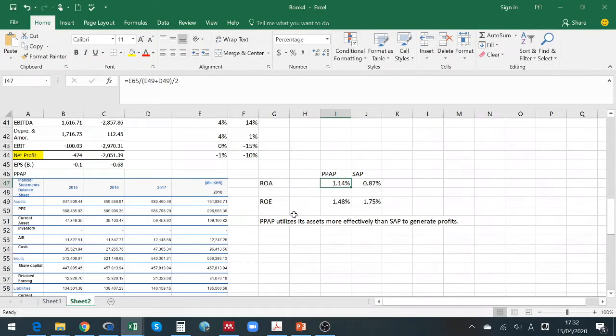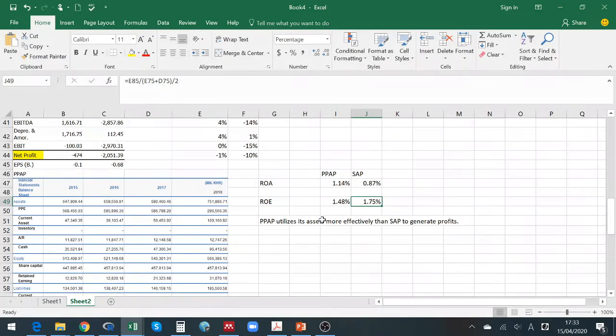Whereas if you look at the ROE, it measures how much profit you make from the invested capital from the shareholder. Actually, SAP is higher. So you can say that SAP used its invested capital more efficiently than Phnom Penh, even though the difference is very small. That's the interpretation. Naturally, for both ROA and ROE, higher is better.